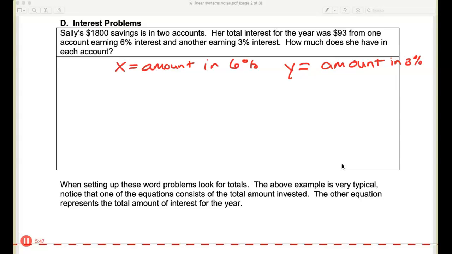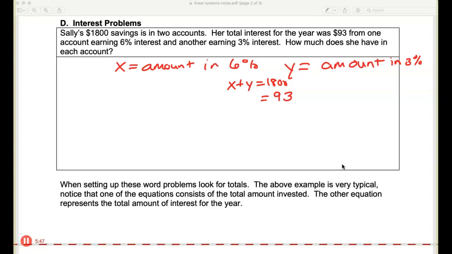Okay, so in her two accounts, she has $1,800. So again, there's the first equation. That's going to be the easy one. X plus Y equals 1,800. Now let's do the interest. So her total interest, we're told, is $93. Remember, your simple interest is I equals PRT, principal times rate times time. Here it's just 1 year, so time doesn't really matter.